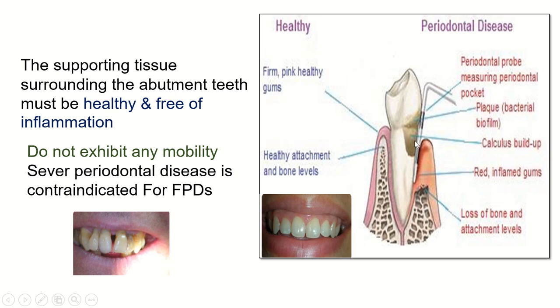On the other side of the picture, we can see the periodontally involved tooth showing the presence of plaque and calculus at the surface of the tooth, the loss of the gingival attachment, inflammation of the gingival tissue, and in addition, bone loss.